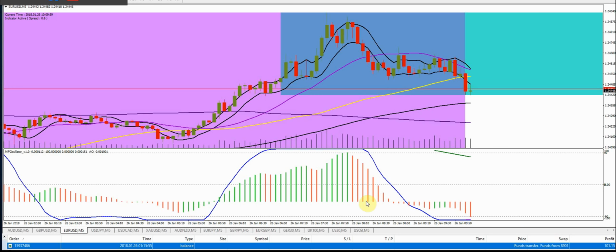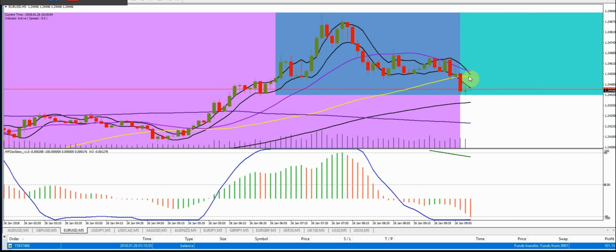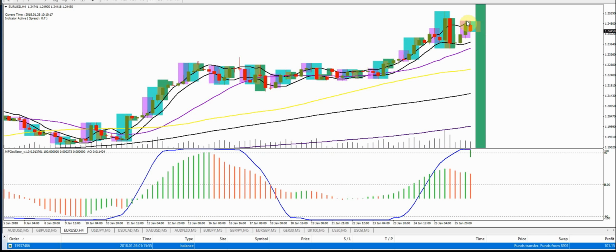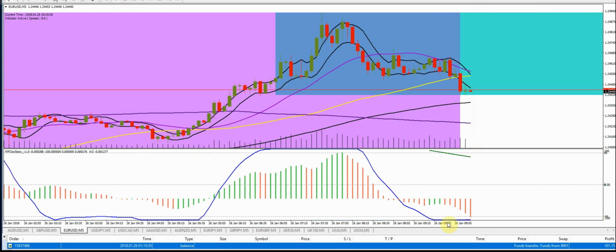Okay, just back, and I've actually closed out the first entry of this euro dollar short, because it's had a fairly strong close on the 4 hour up here, and it's still got this potential to take out these highs. So I've always got that in the back of my mind with this trend line coming across, and it got oversold on my oscillator anyway.